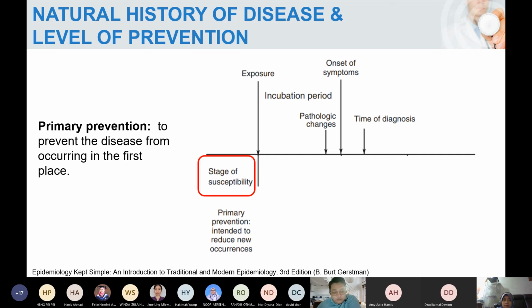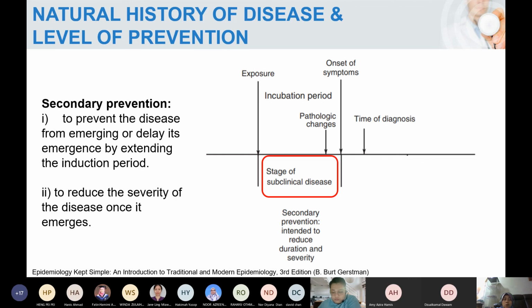So it applies here. Next is secondary prevention. There are two main points to prevent the disease. The disease is there actually, but maybe we could delay it. The key point is to have early detection.